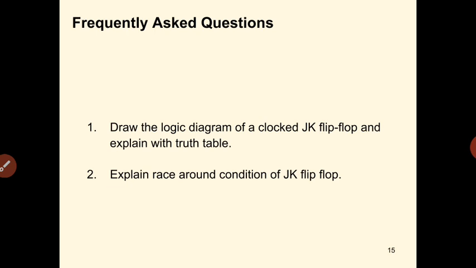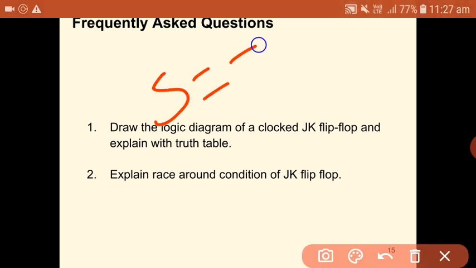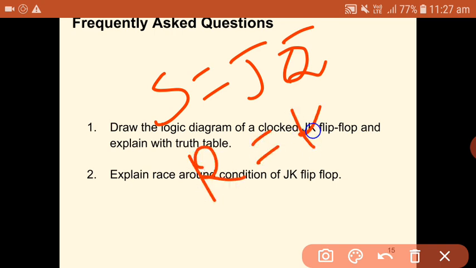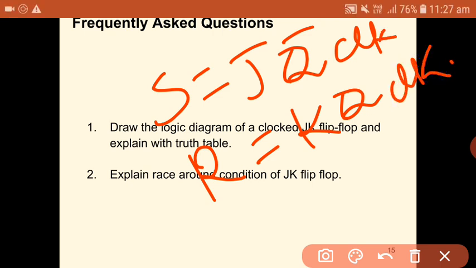You need to draw the circuit diagram of JK flip flop with the help of SR flip flop by replacing S with J Q bar and R with K Q, along with the clock. By replacing these inputs, S is equal to J Q bar clock and R is equal to K Q clock, you can implement a JK flip flop.